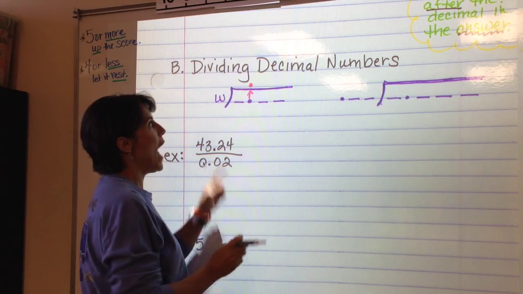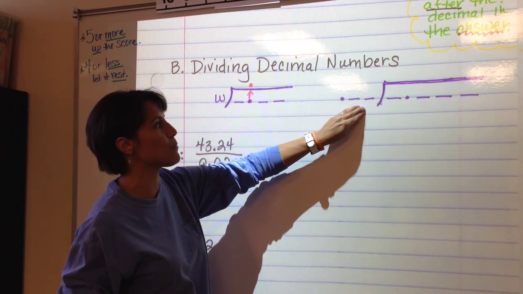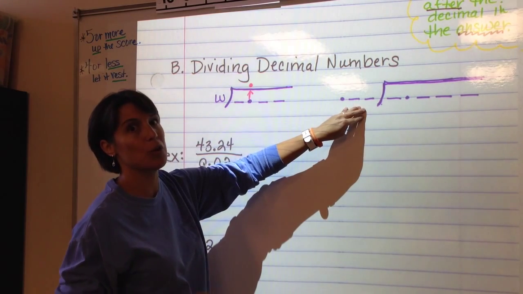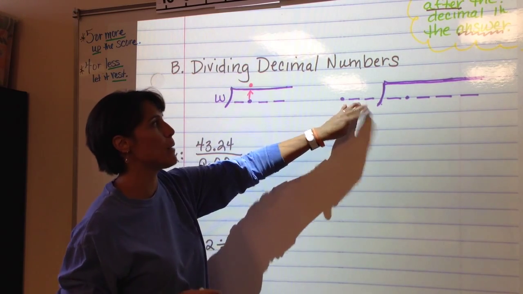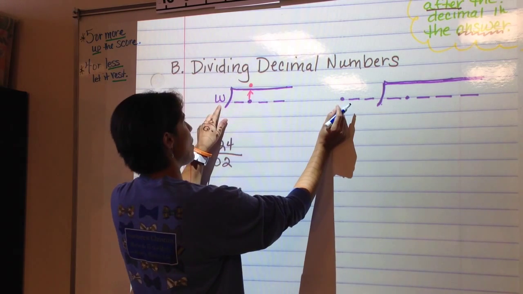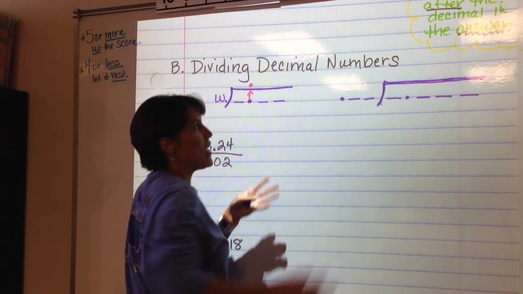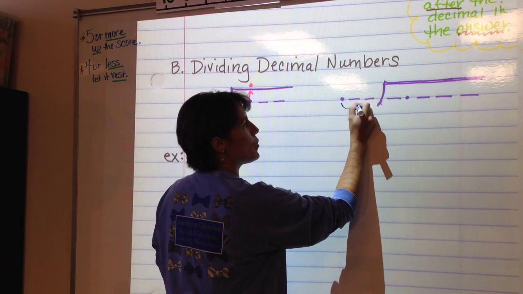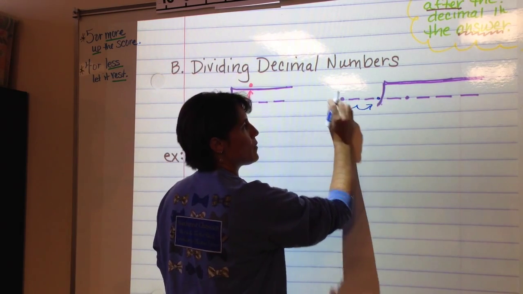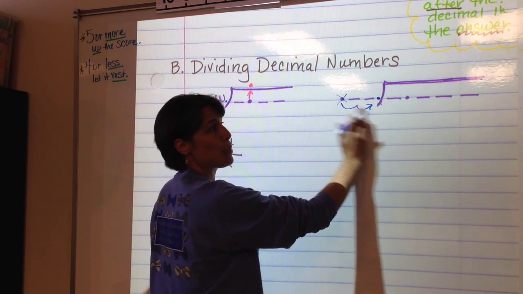Be careful. And then, in this example, this represents a decimal number out here in the divisor. When you're dividing by a decimal number, you just take care of the decimals first and turn it into a whole number. With whole numbers, the decimal is at the end. So let's slide this two places over.